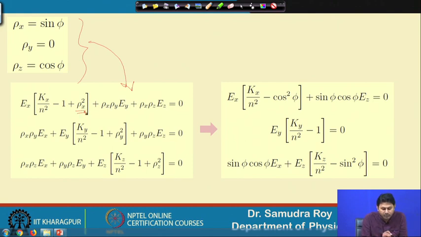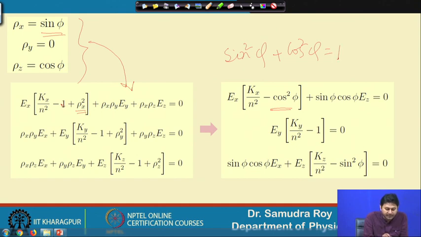Now, rho x square will be replaced by sin square phi. So, 1 minus sin square phi, and I am using sin square phi plus cos square phi is equal to 1.